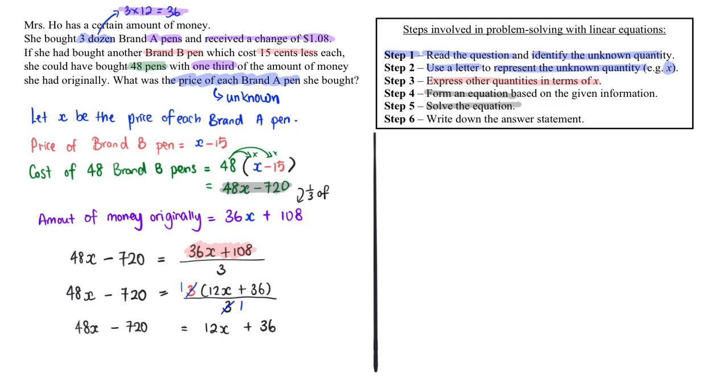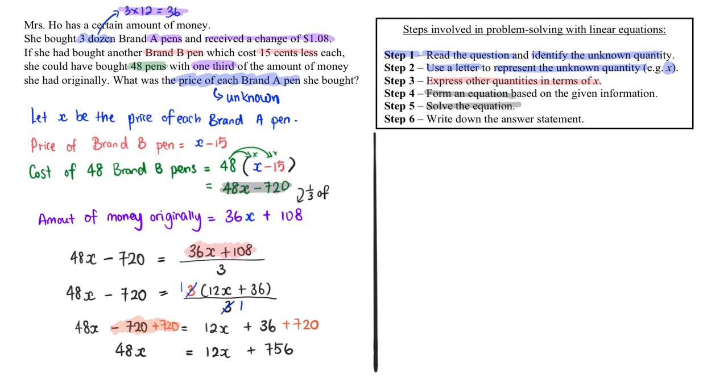I'm going to change to orange color. So I'm going to add 720 on both sides, so that 720 minus 720 equals to 0. And I will get 36 plus 720, that will give me 756.